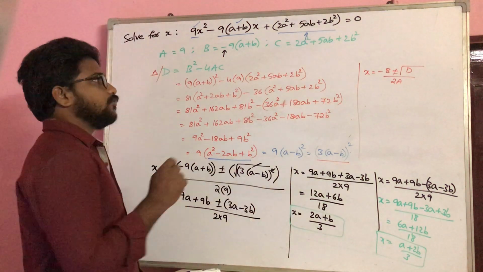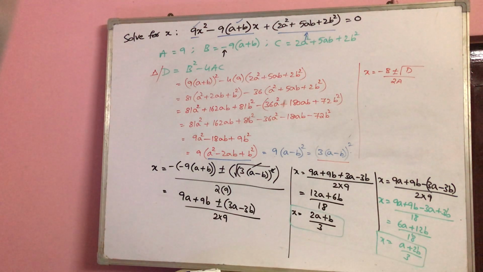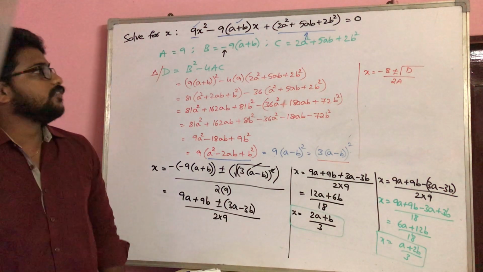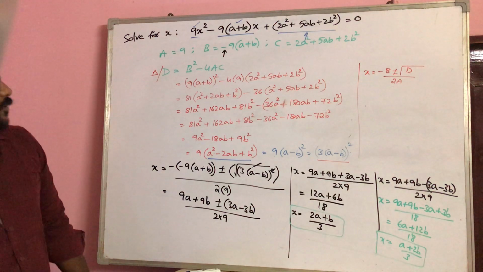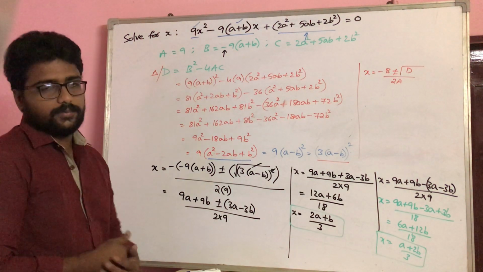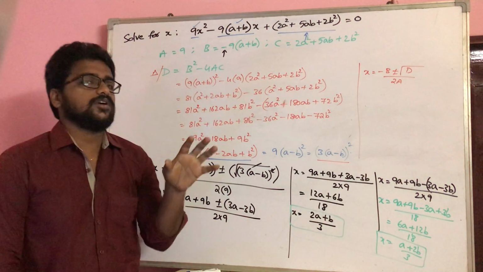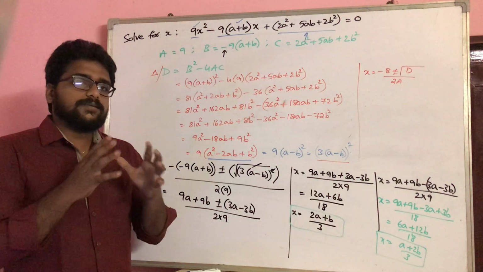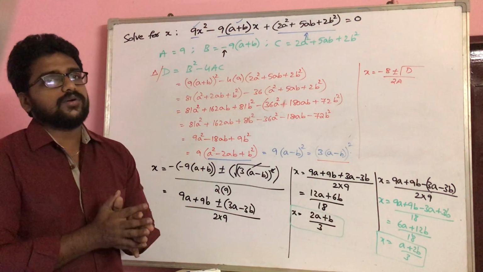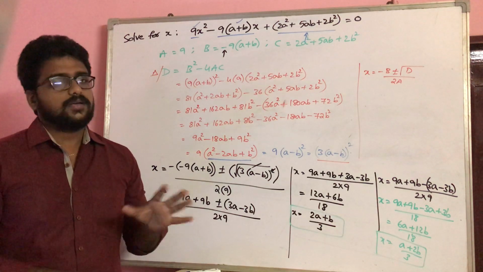But as we are applying the quadratic formula, our calculation part will become simple and you got the factors in a very simple way. So this is how you have to make use of the quadratic formula. Especially when the coefficients or the constants are involved with a lot of terms, that means more than 2 terms are included, better go for quadratic formula. In a simple way you will get the answers.